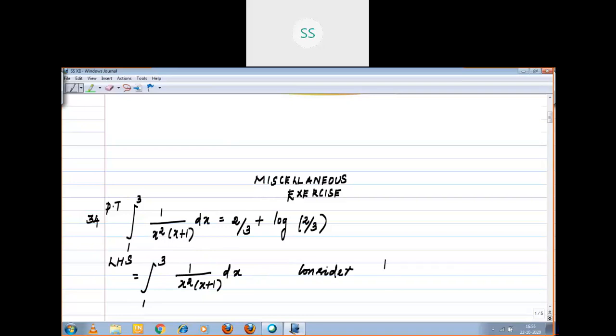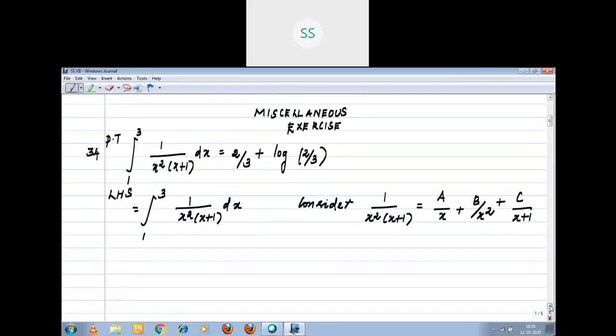Consider 1 by x square into x plus 1 equals a by x, here repeated root, so a by x plus b by x square plus c by x plus 1. Here we are using partial fraction. Only when we use partial fraction can we integrate, and at the end we are going to prove the result.